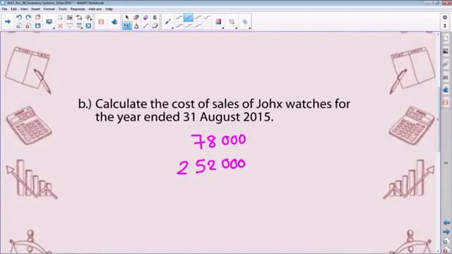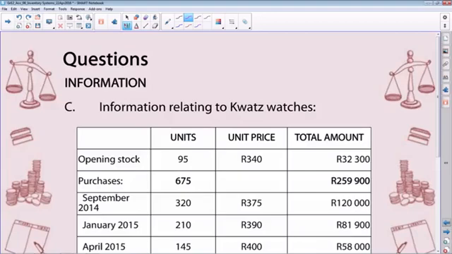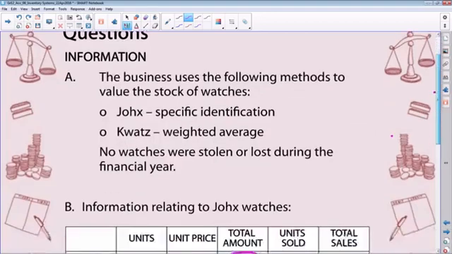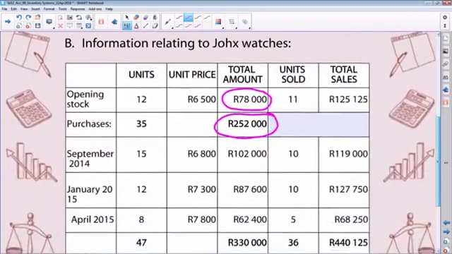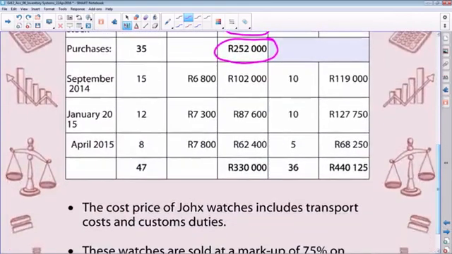So in other words, when we're determining the cost of sales, we are saying it is your opening stock plus your purchases. Remember, we dealt with this. And all your expenses on purchases. But what do we know? We know regarding Jocks watches that all the costs, that means your transport as well as your customs duties, were part of the purchase figures, and therefore they were included.